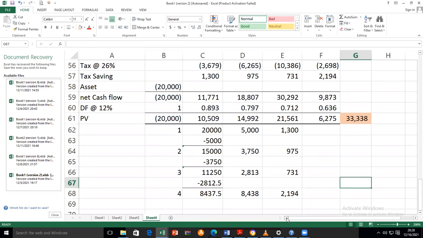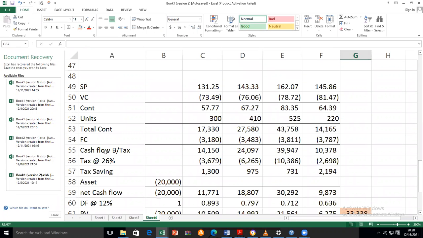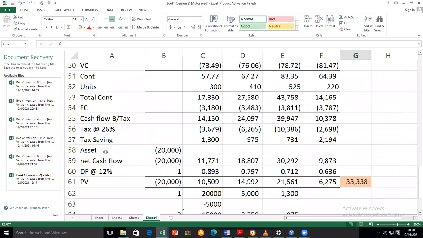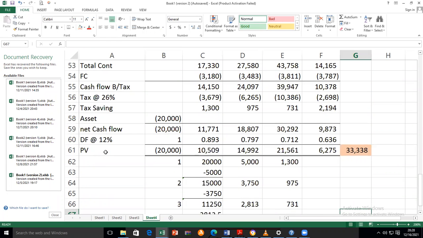This is in nominal terms, meaning we have factored in all the inflation. So that's what our answer is supposed to be. Now they also wanted us to do it if we ignore inflation, what will happen?